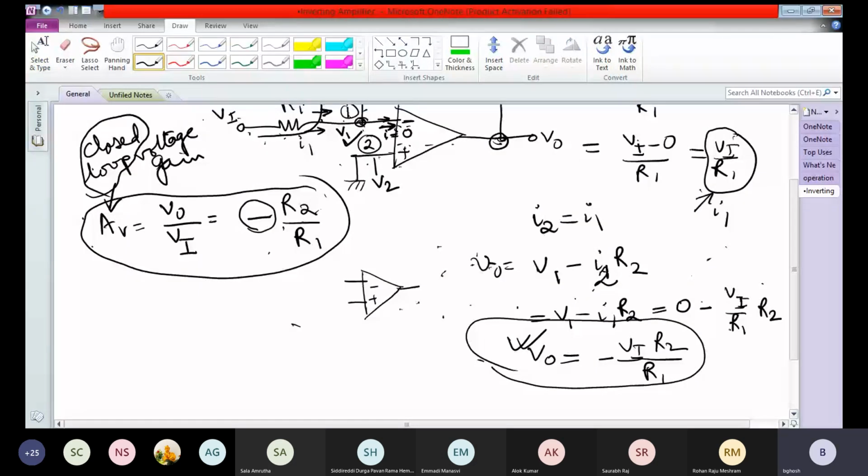Why is this phenomenal? This is a revolution. Remember, if you remember your transistor days, your BJT, we went through all those complex expressions of gain when we have even a single transistor, a single C amplifier.